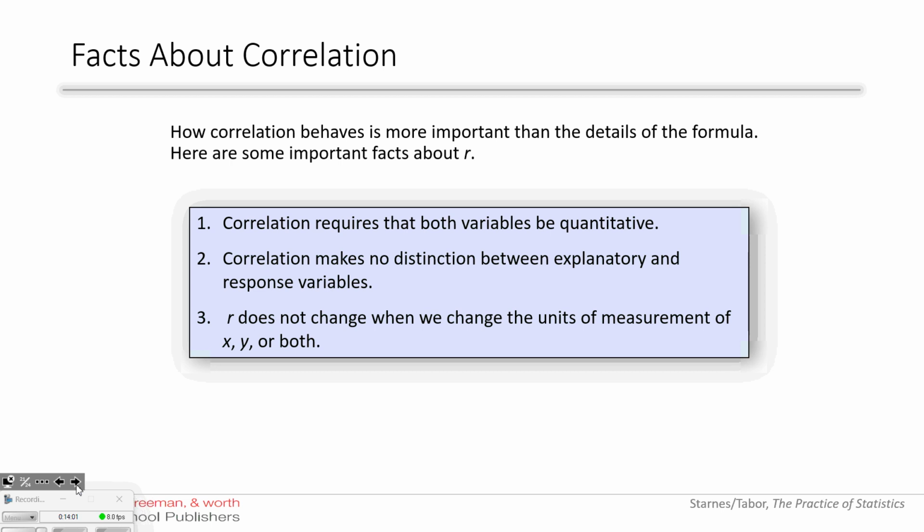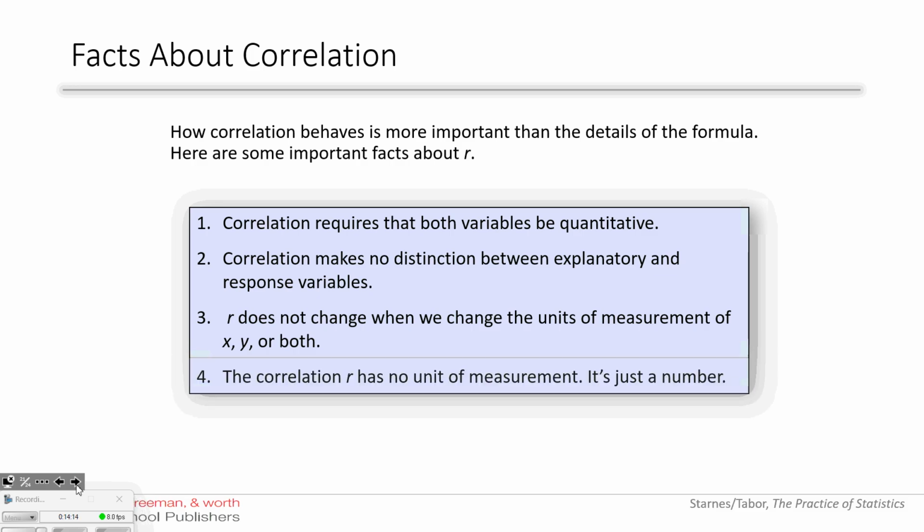And again, because where did the R value come from? It's from standardized scores. So if I change units, I'm changing units on everyone's heights. So I would still have the same standardized scores for each height value. We talked about this. It has no unit of measurement. It's just a number. So it would not be appropriate to say, oh, my R value is 0.7 inches.